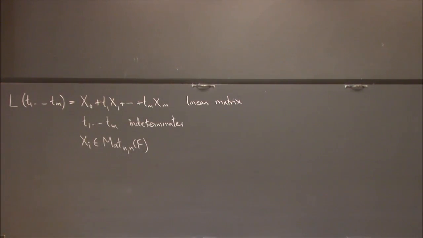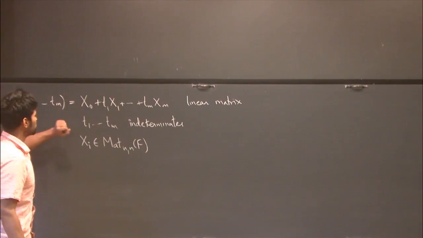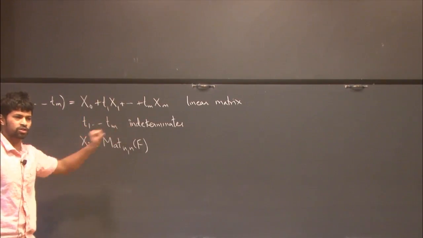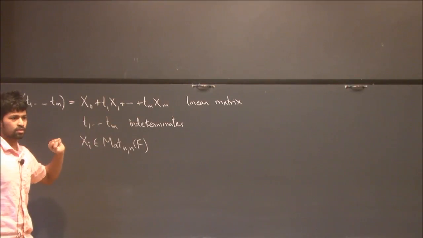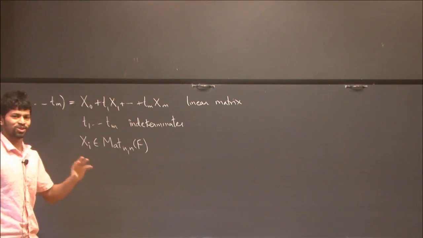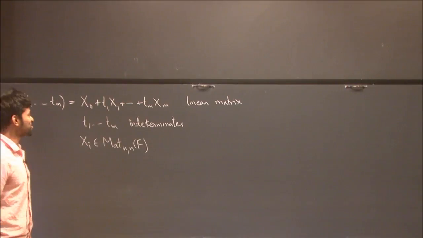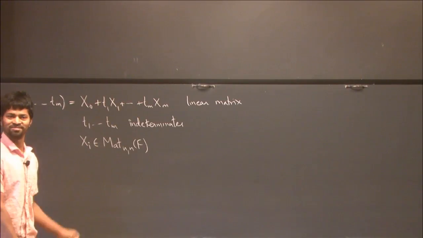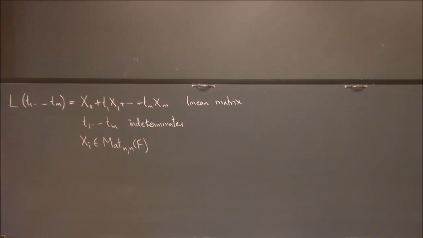Is that clear? Every element of this matrix is a linear form in the variables T1 to Tm with possibly a constant term. Affine form is the better name. So every entry is an affine form in T1 to Tm.